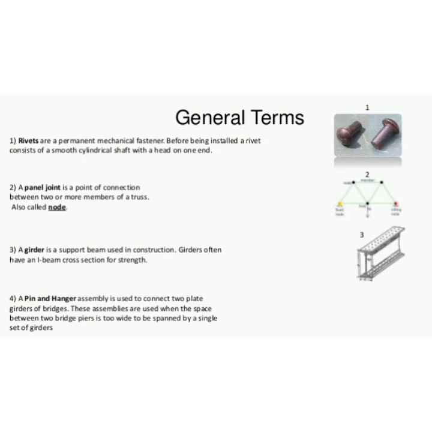A pin and hanger assembly is used to connect two plate girders of a bridge. The assemblies are used when the space between two bridge piers is too wide to be spanned by a single set of girders.